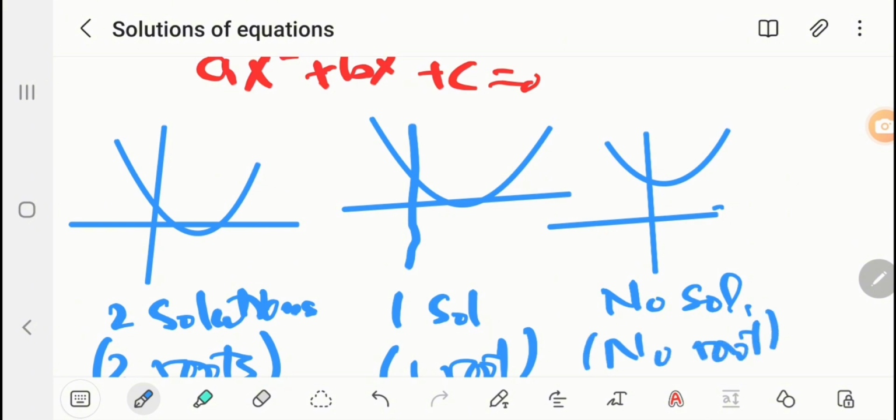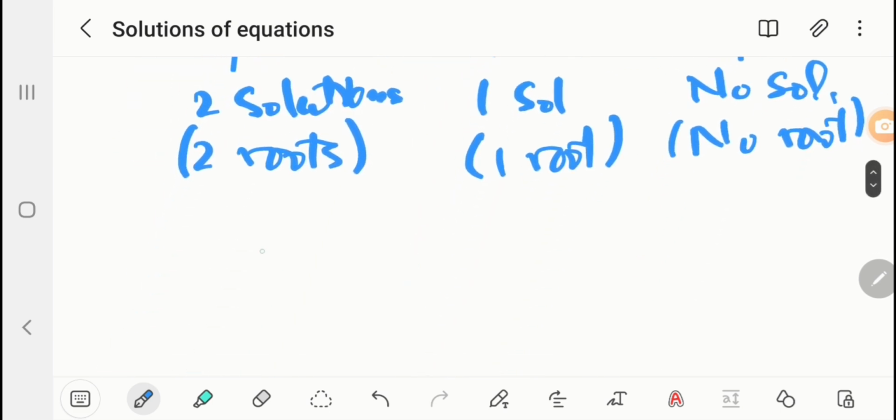Without solving, I can find the number of roots of a quadratic equation. For the equation, I know the value of a, the value of b, and the value of constant c. I know all the three values.